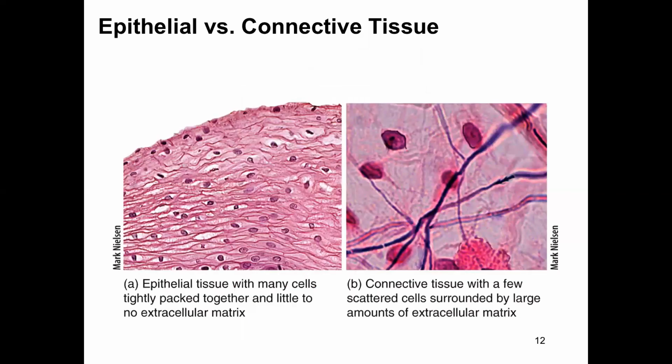Now, epithelial versus connective tissue. So there's this relationship between these two, and I sort of alluded to that already, because epithelials, there's lots of cells there, but in general, they are avascular, so they don't have very much of a blood supply. So they need their blood supply from something, and they also need to be supported because they're like a sheet of cells, right? So they're always supported by connective tissue.